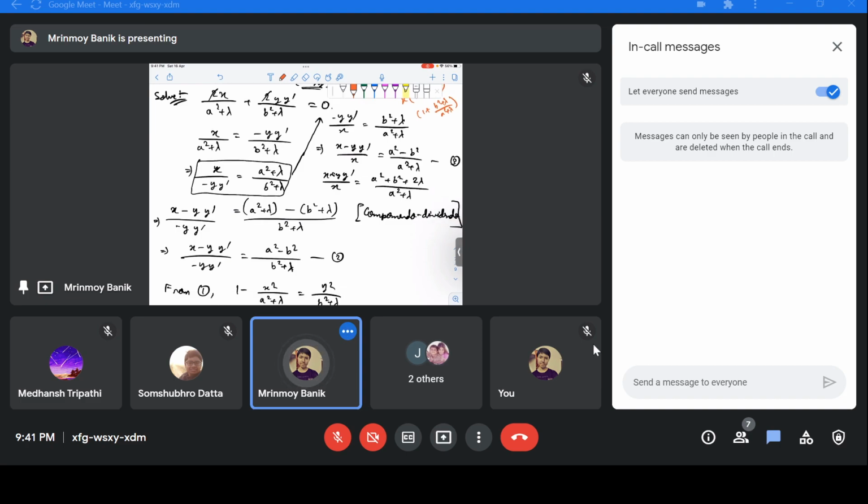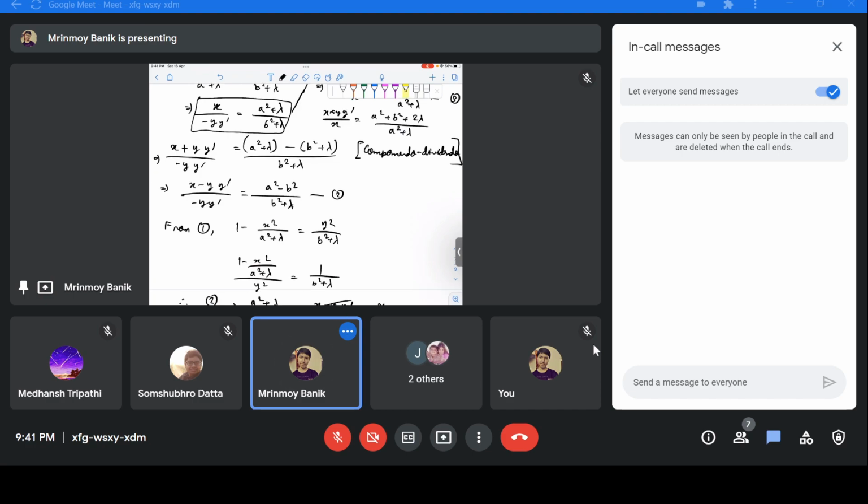And I wrote, so here when I did numerator minus denominator, I gave a minus sign here, but that should be plus since the denominator was already negative. Sorry. So this is plus.